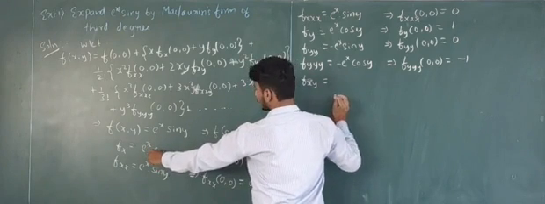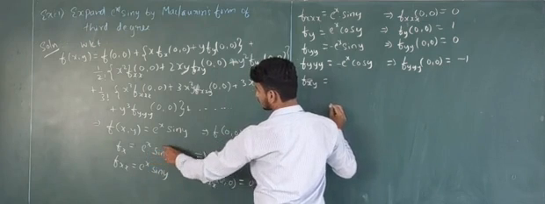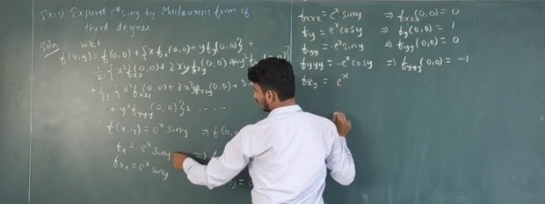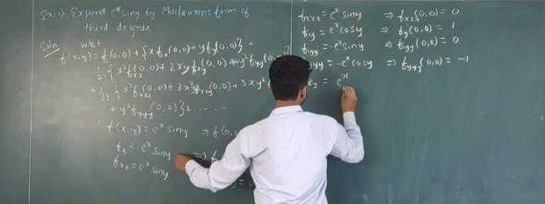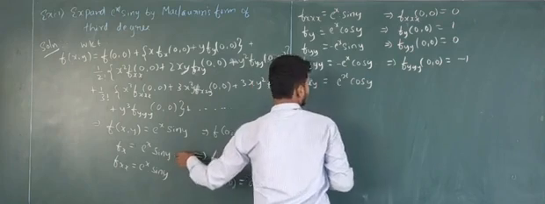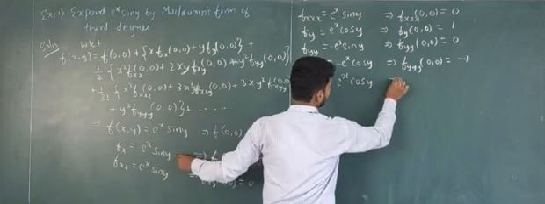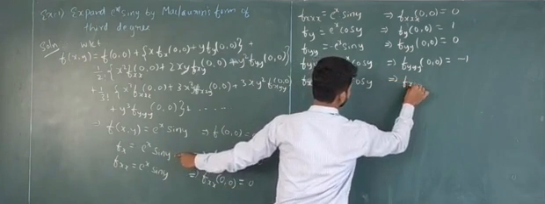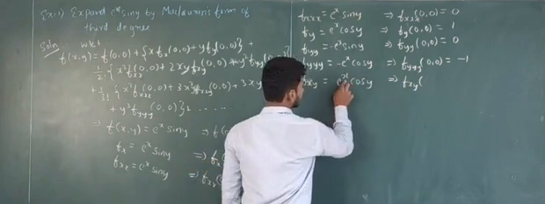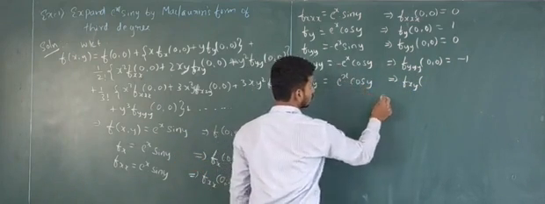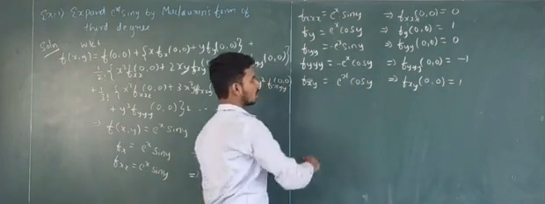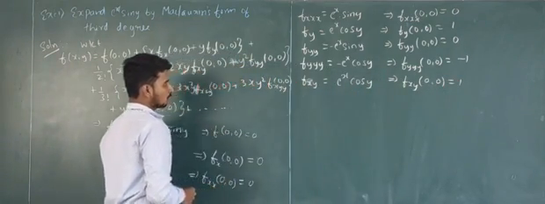Here e raised to x will be constant, so we write it as it is. Differentiation of sin y will be cos y. So if you substitute x and y as 0, this will be 1, because cos 0 is 1 and e raised to 0 is 1.